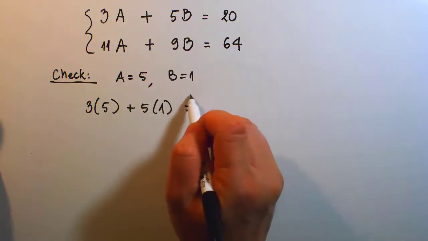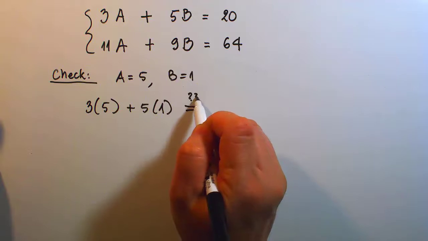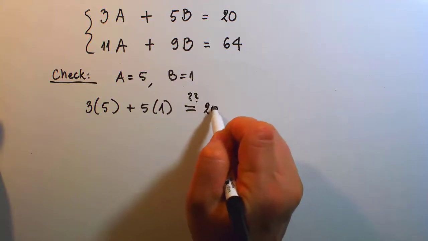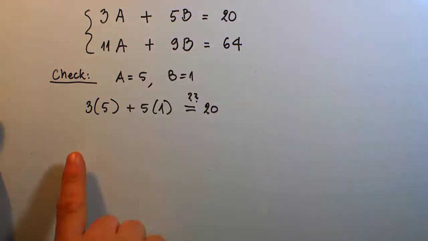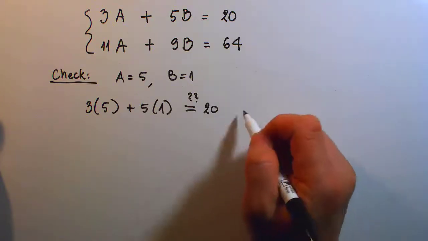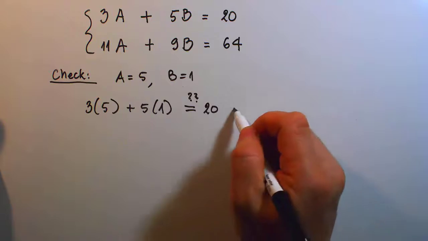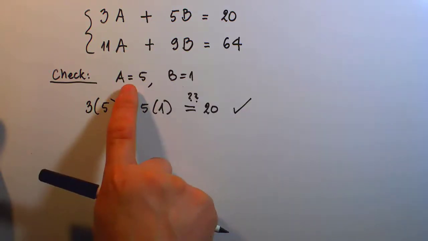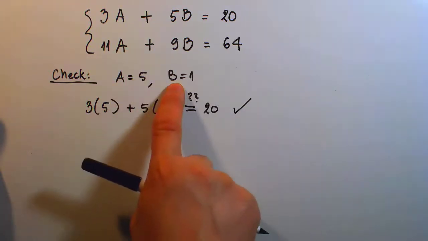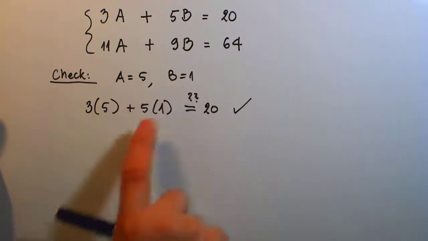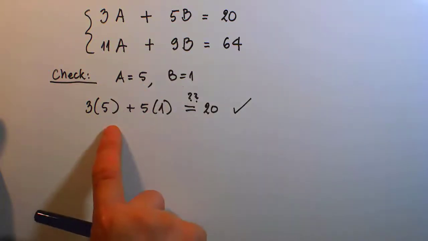Let's find out if it equals 20 on the right hand side. And yes, the calculation does show that 3 times 5 plus 5 times 1 equals 20. So the two values we found for a and b do satisfy the first equation.